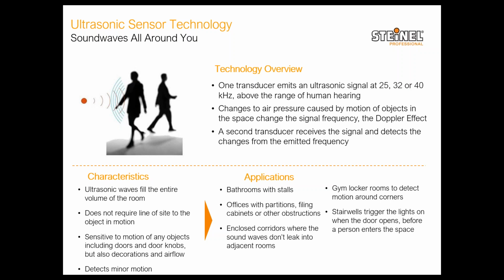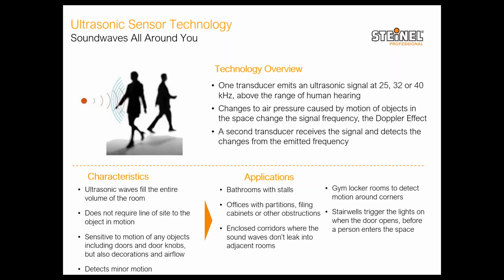Whereas when you have ultrasonic technology, the best coverage pattern is when you're moving directly towards the sensor, basically a radial movement, because you're compressing the air in front of you towards the sensor, so you're easily picked up.